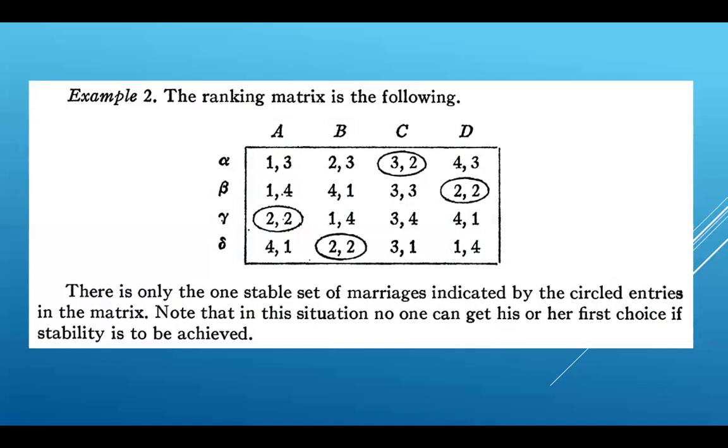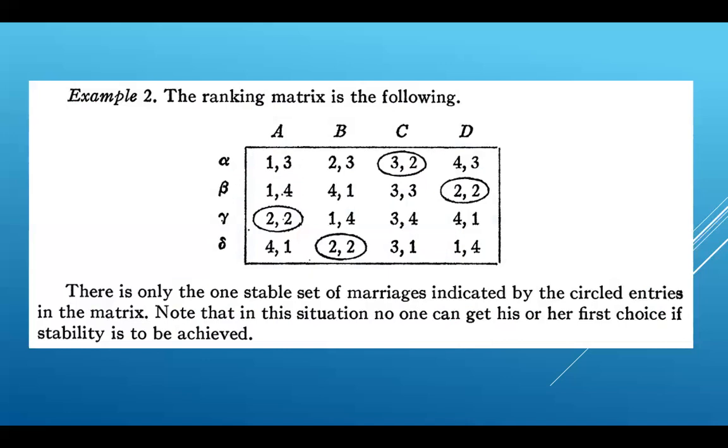Yes, B was holding the proposal of gamma. But B feels like gamma stinks. That's their worst choice. Therefore, they're going to switch to delta, and they kick gamma to the curb. So now alpha, beta, and delta all are holding proposals, and gamma's out in the cold. So what's gamma going to have to do?